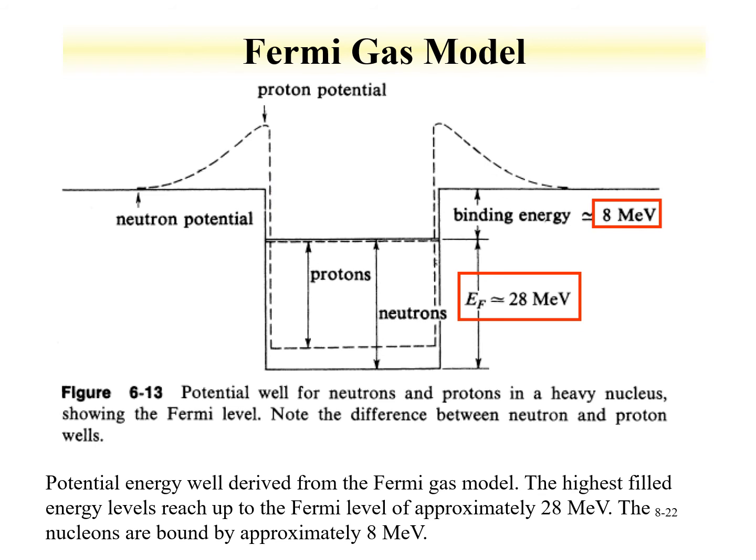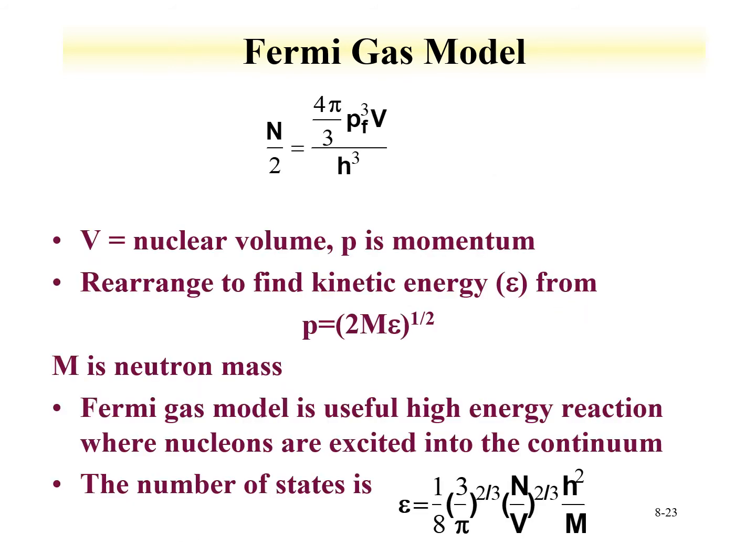The utilization of this is for energetic reactions in which the shell model no longer fulfills the descriptions of the nucleons in the nucleus. The Fermi Gas Model has some equations associated with it that describe the momentum of the particles and the nuclear volume.